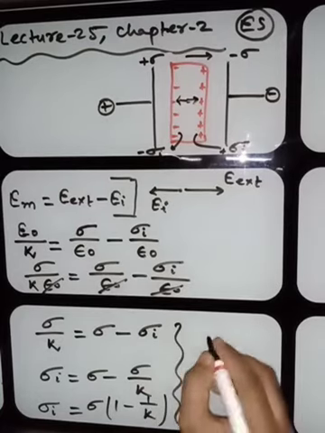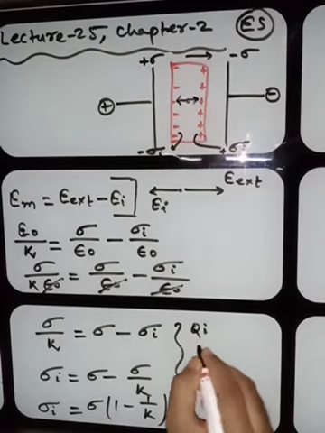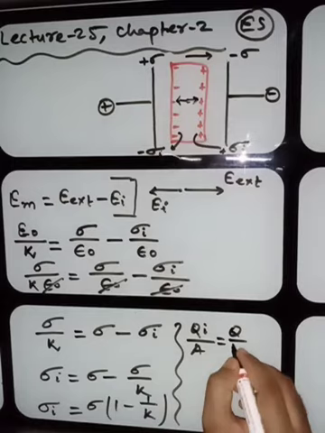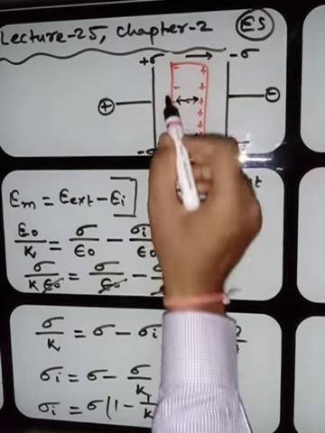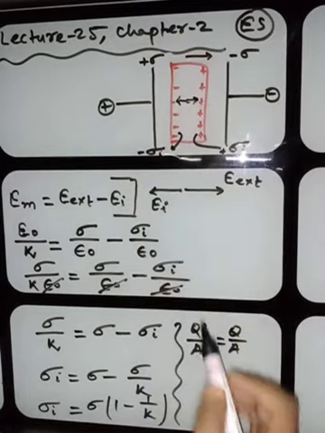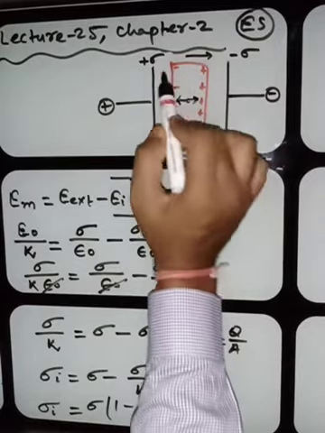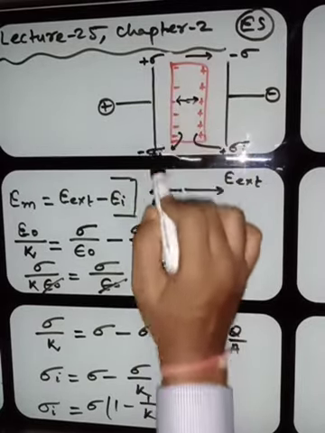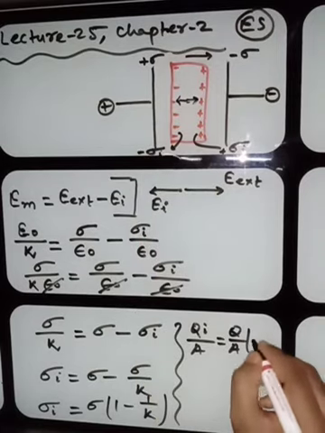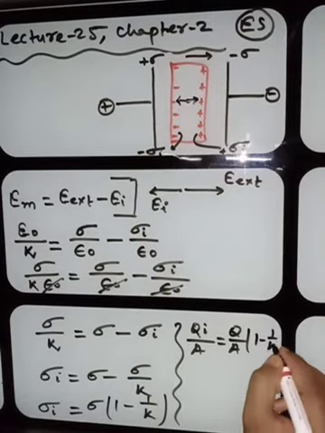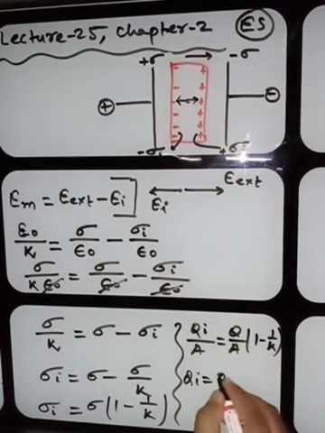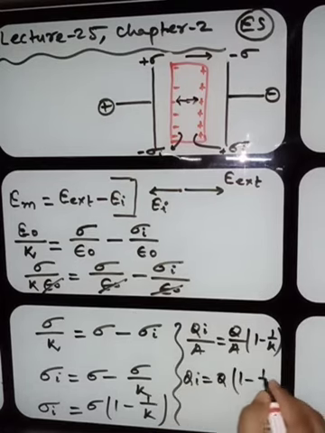Sigma is the charge by area of the plate. Here the area of the dielectric and the plate are equal, and the charge induced is q induced and the charge over this plate is q. So q induced equals q times 1 minus 1 by k.